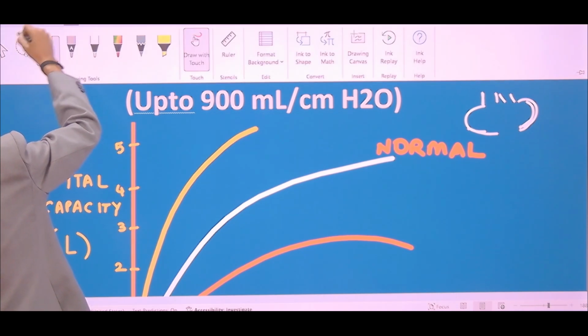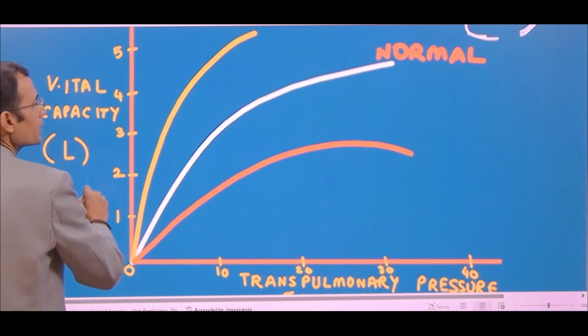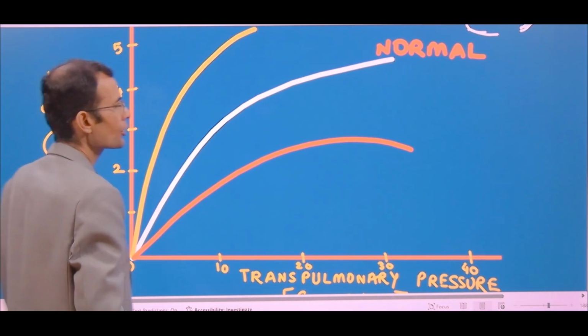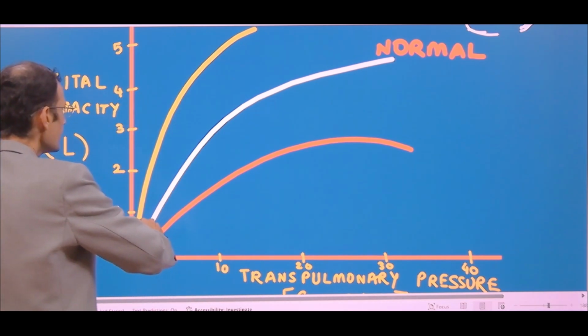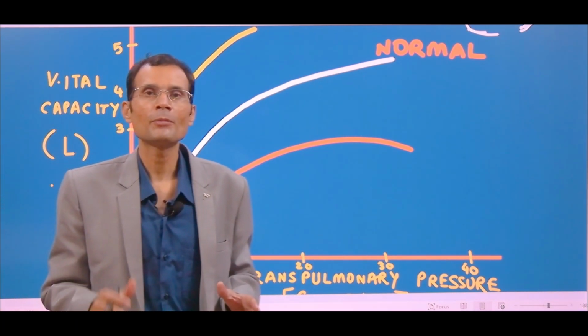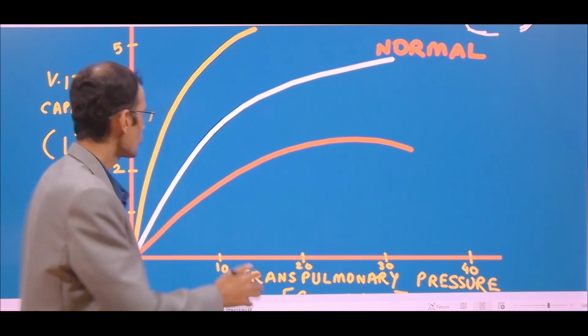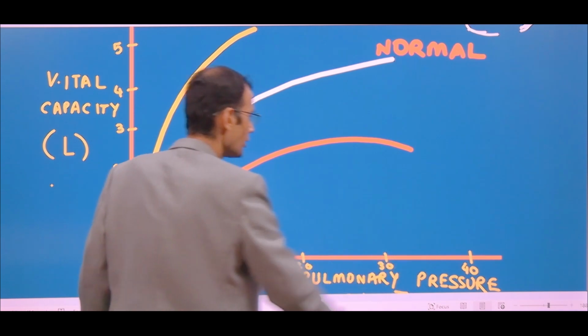The lung compliance increases, and it can be shown by the graph. This is the graphic depiction of the increase in lung compliance. You can see the curve for the normal. First of all, what is compliance? It's a pressure-volume relationship. On the horizontal axis there is transpulmonary pressure.